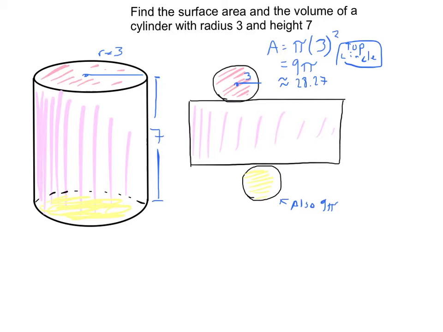Now we just need to figure out that rectangle. I know the rectangle's height is 7. But I need to know how long it is. So that length here, as I wrap it around, has to stretch all the way around the circle, no more, no less. So it's the perimeter of the circle, and our word for that is the circumference.